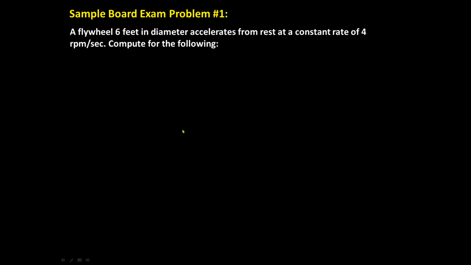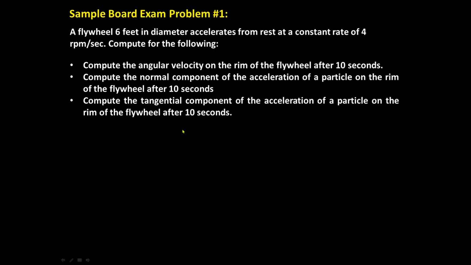Compute for the following. Compute the angular velocity on the rim of the flywheel after 10 seconds. Compute the normal component of the acceleration of a particle on the rim of the flywheel after 10 seconds. Compute the tangential component of the acceleration of a particle on the rim of the flywheel after 10 seconds.